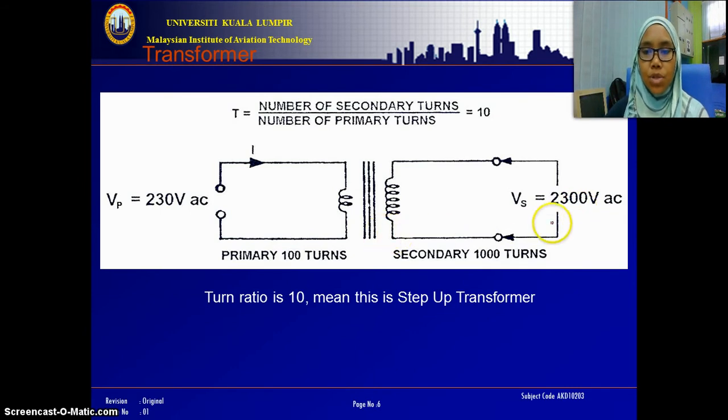This shows you that the output voltage here is higher than the input voltage by 10 times, and this is a step-up transformer. A step-up transformer is a transformer which increases the output voltage by the turns ratio, and the turns ratio must always be more than 1.